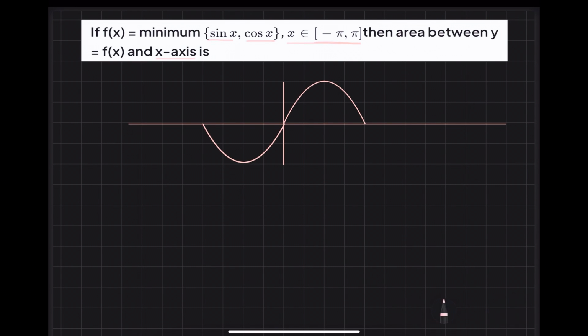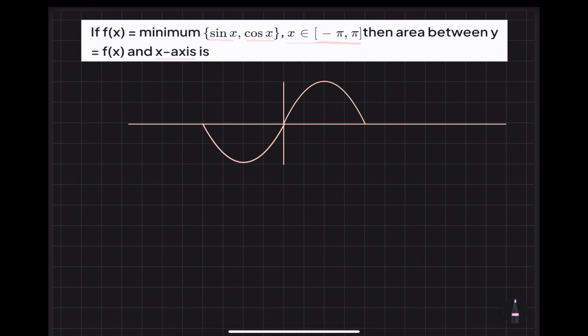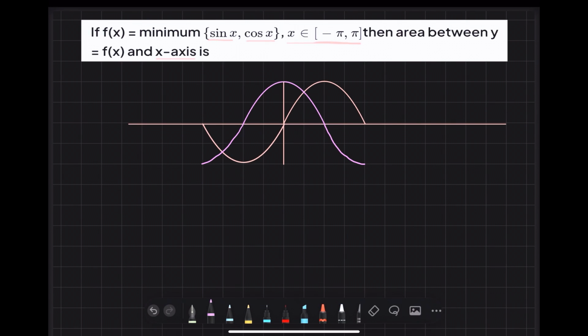The graph of the sine function is done. Now let's draw a graph of the cos function. So it will go this way. Okay, so this is the graph of our function.